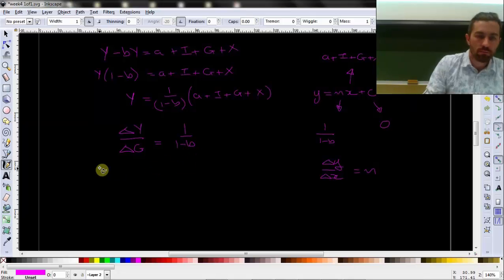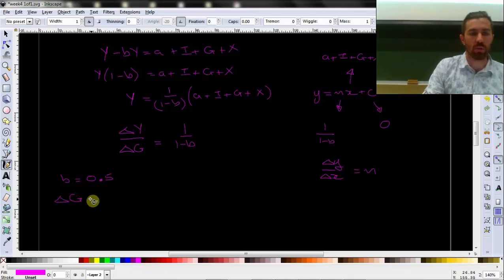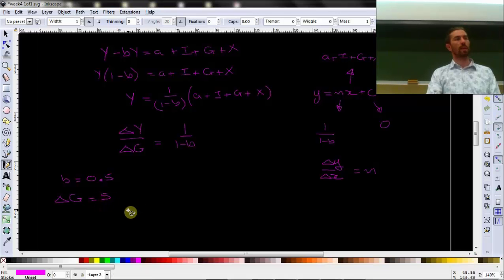So let's give b a value. Let's say b equals 0.5. And let's say the change in g was 5. Okay?